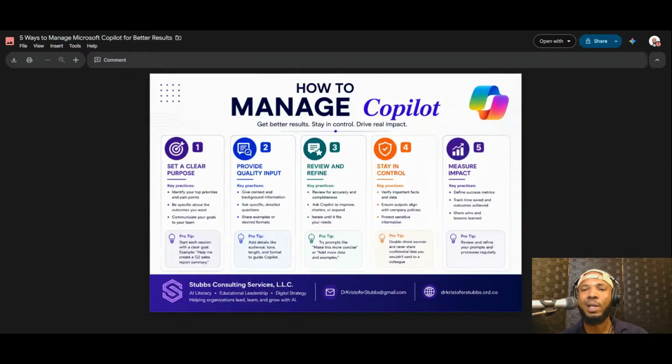And I think it's important that we start off with talking about exactly what is the current state of AI when it comes to literacy. For those of you who don't know, my name is Dr. Stubbs. I help people prepare for the future of learning and work, and I focus on AI literacy.